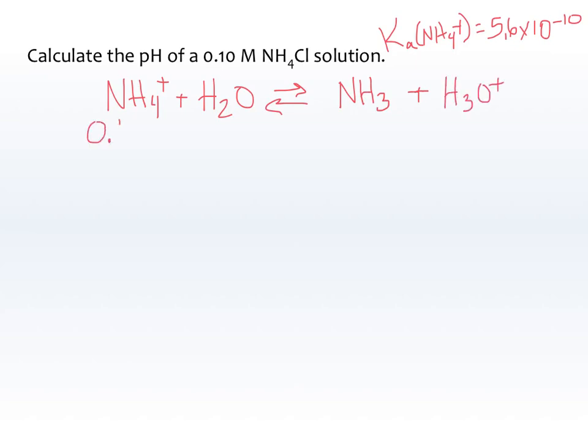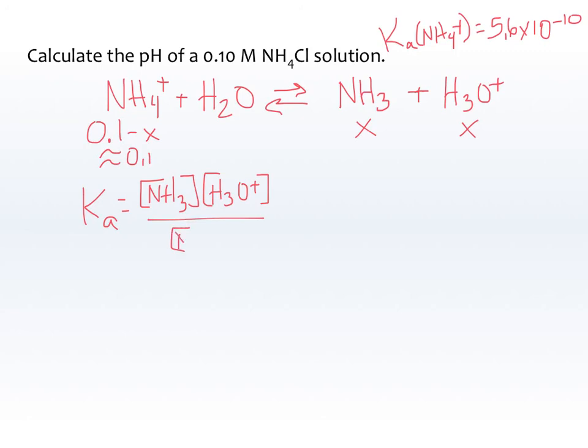We have 0.1 minus X, approximately equal to 0.1, X and X. We have Ka this time instead of Kb. That's NH3 times H3O plus divided by NH4 plus. Pause now, do the math by yourself, and then come back and let's see if we get the same answer.